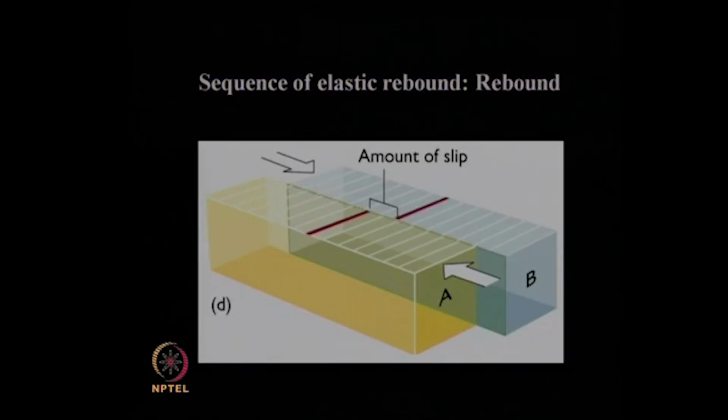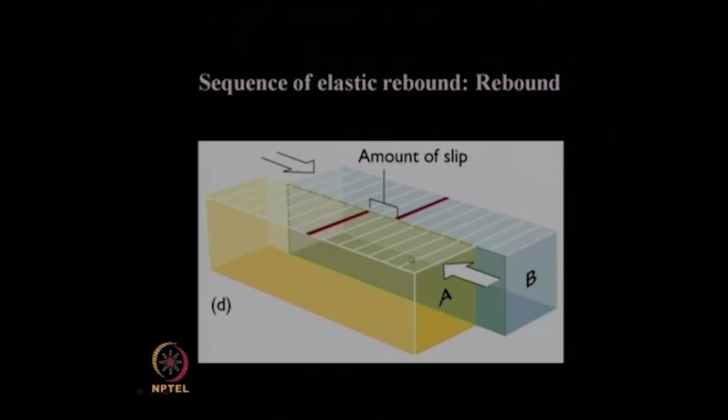And the final stage is the rebound. This is the last step of elastic rebound, that is, finally these block A and block B will become two distinct rock blocks, and they have moved by an amount, which is known as the amount of slip, or amount of movement, or amount of displacement, and they again go to another state of equilibrium.